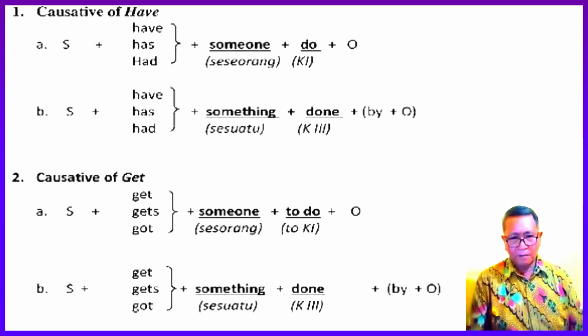After you memorize the sentence patterns of causative verbs, have someone do, have something done, get someone to do, get something done, it's easy to answer the questions.